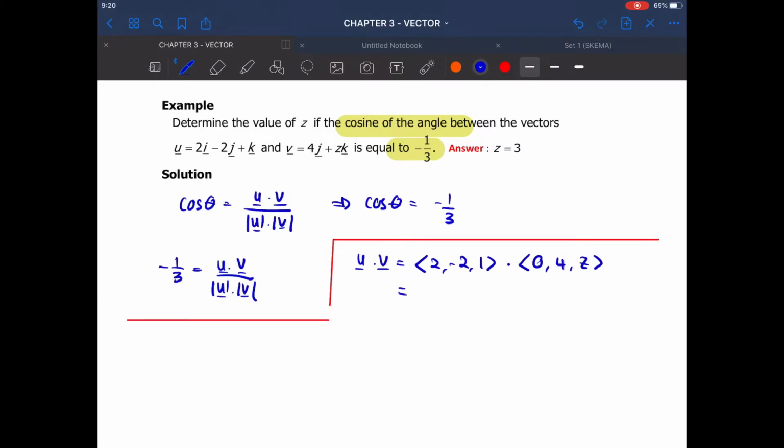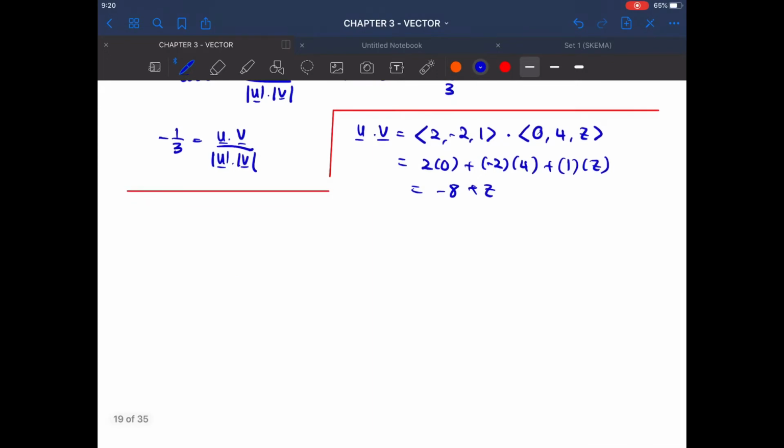Apply the dot product: 2 multiplied by 0, plus negative 2 multiplied by 4, plus 1 multiplied by z. Simplify: 2 multiplied by 0 is 0, negative 2 multiplied by 4 is negative 8, 1 multiplied by z is z. So this is the answer for u dot v.